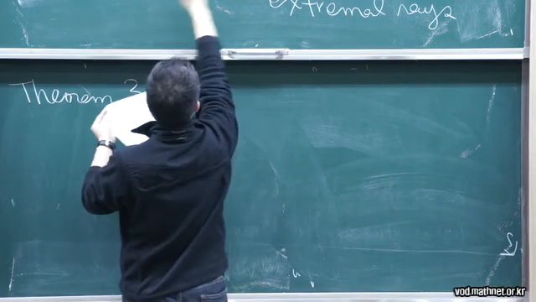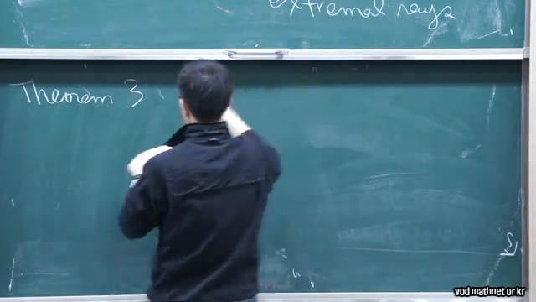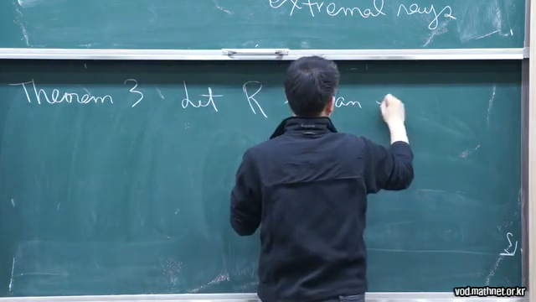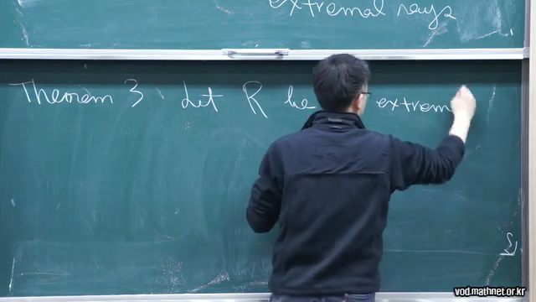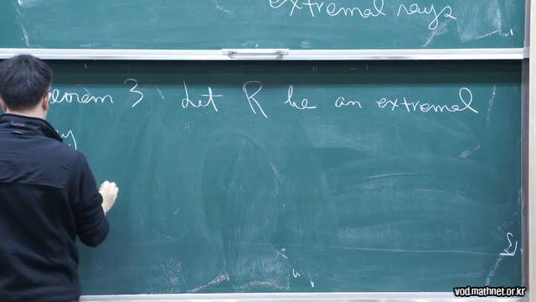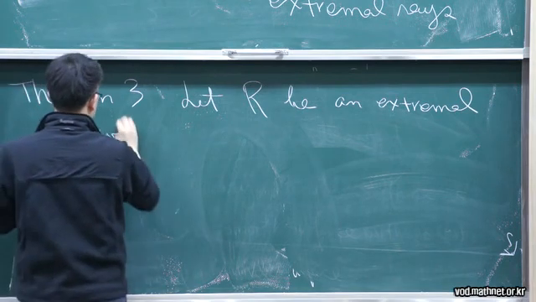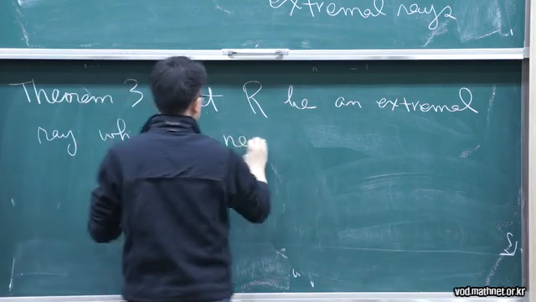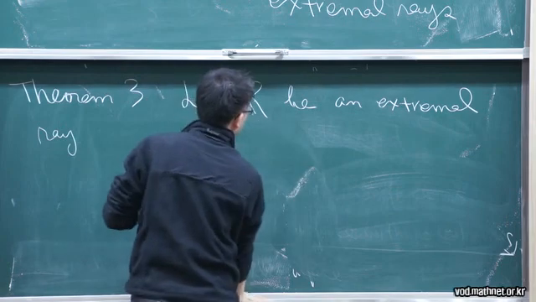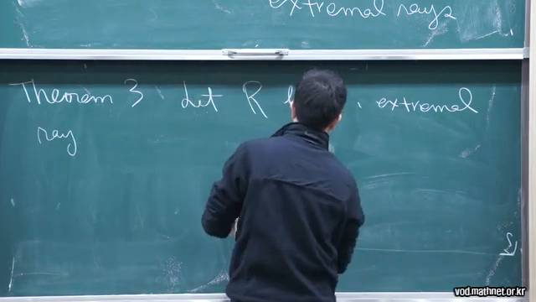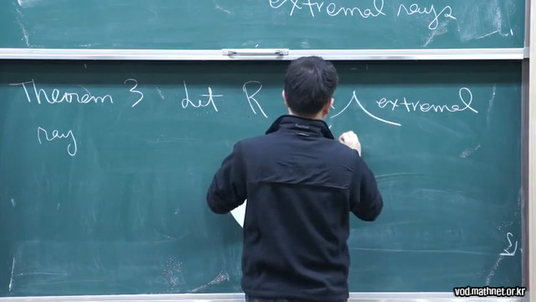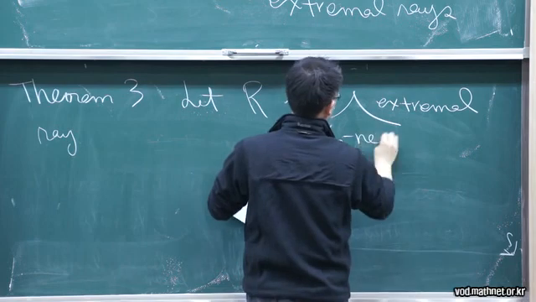So we have N1 and the Kleiman-Mori cone. Let R be a K negative extremal ray.